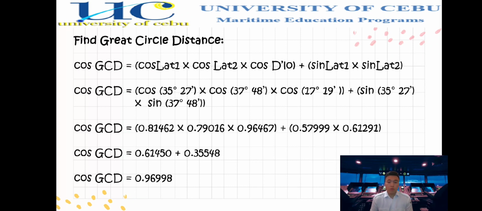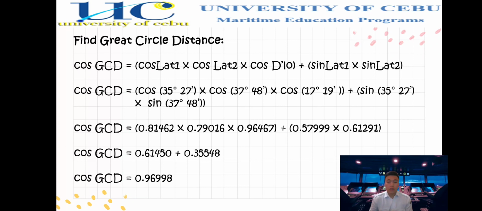We just multiply. Now we have cosine GCD equal to 0.61450 plus 0.35548. We will now add, and we get the result of cosine GCD equal to 0.96998.